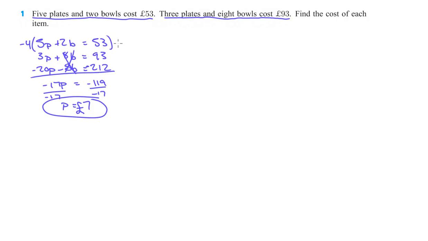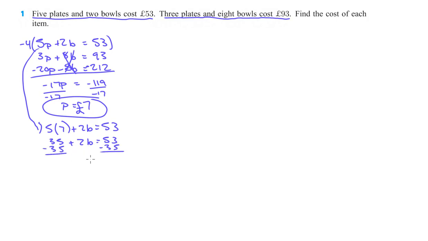So I'm going to use this first equation here. 5p, which we now know is 7, plus 2b has to equal 53. So 35 plus 2b equals 53. Subtract 35 from both sides. And we get 2b equals, what's that going to give us? 18, I believe, right?